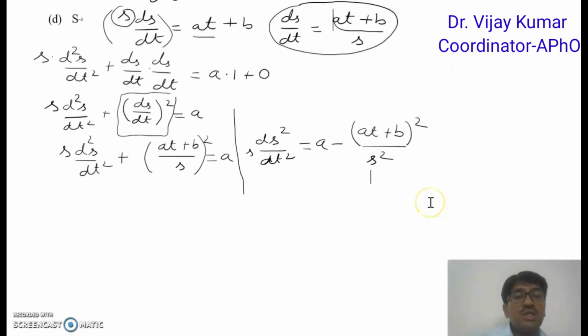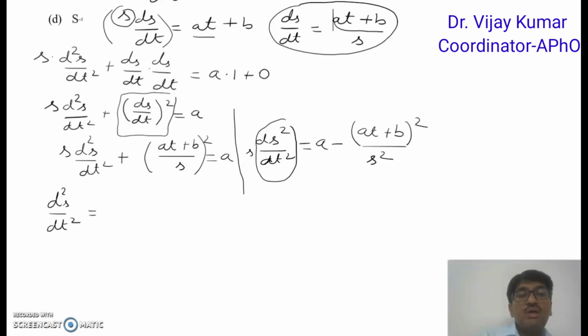We have to determine d2s upon dt square. So d2s upon dt square equal to, we should divide by this s, a upon s minus at plus b whole square upon s cube.